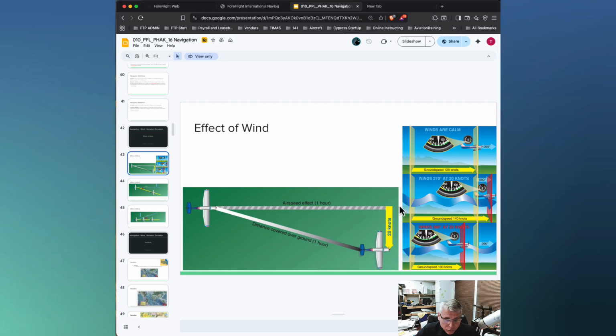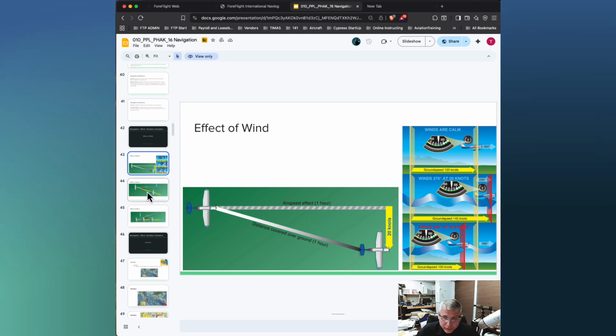If I'm flying in one direction and I have a 20 knot crosswind, and I just fly straight, not paying attention to the crosswind, in 1 hour of flight, that 20 knot crosswind, that 20 nautical miles per hour, is going to push me off course by 20 nautical miles. So wind is a pretty big influence on our flight planning.